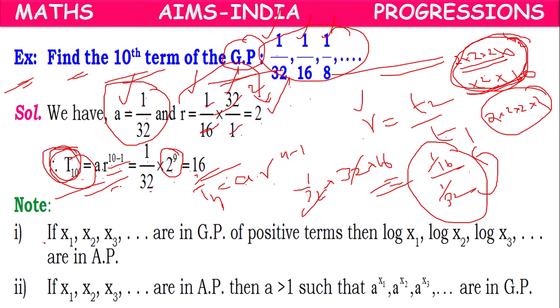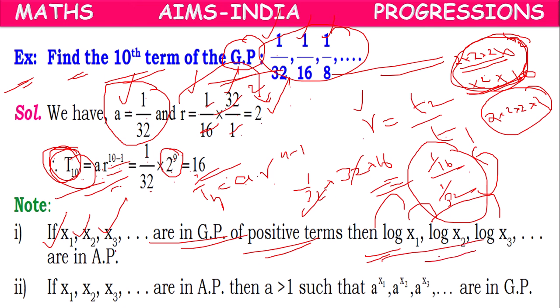So next, if x1, x2, x3 are in GP of positive terms, then log x1, log x2, log x3, that is, if we take logarithms of the terms, the resulting sequence will also be in AP. Regarding this, you can learn later in your higher classes.